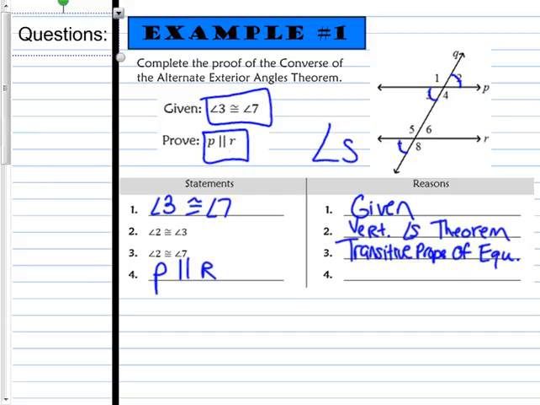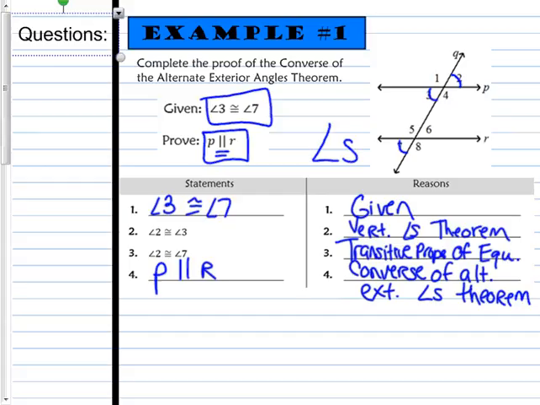Okay, that sign right here means parallel. And our reason for that is the converse of the alternate exterior angles theorem, and I'm going to abbreviate it. And again, if you need to write out the whole entire word, feel free to, but I'm abbreviating it.